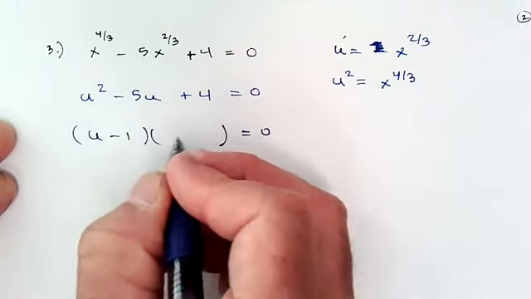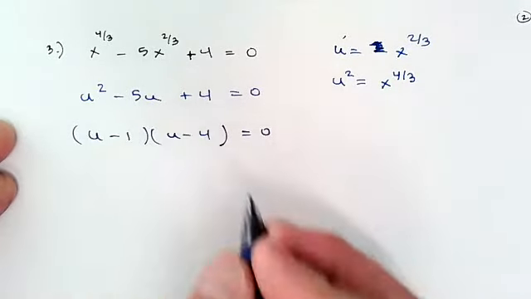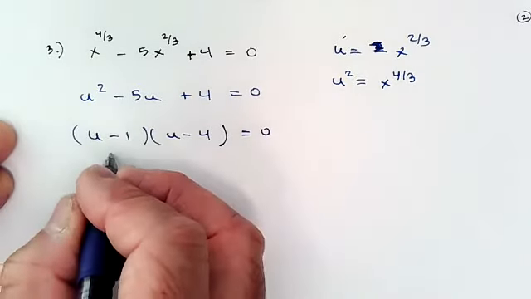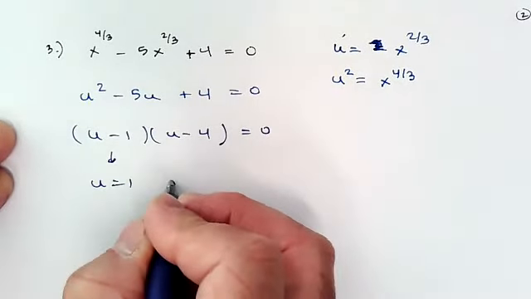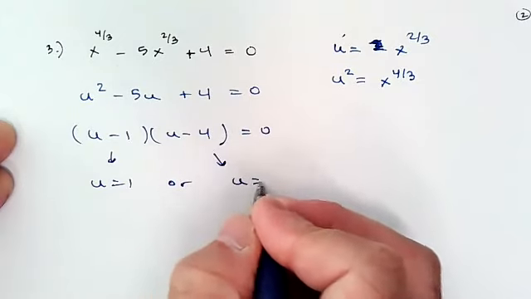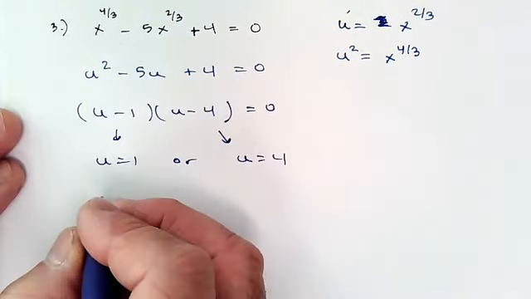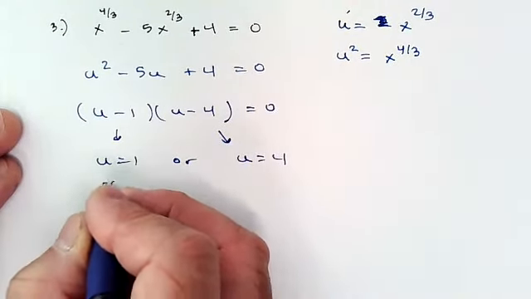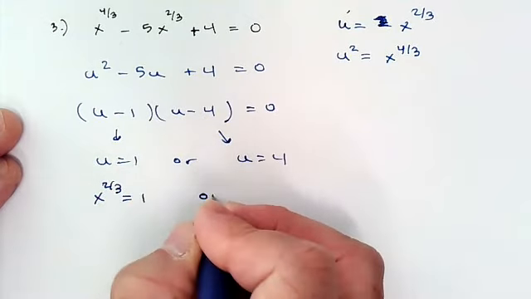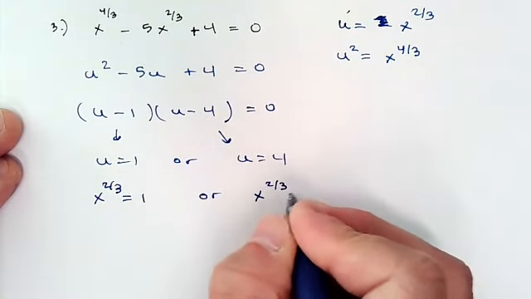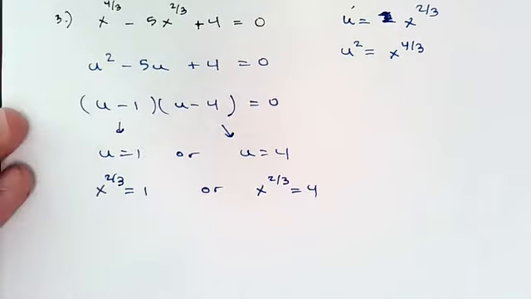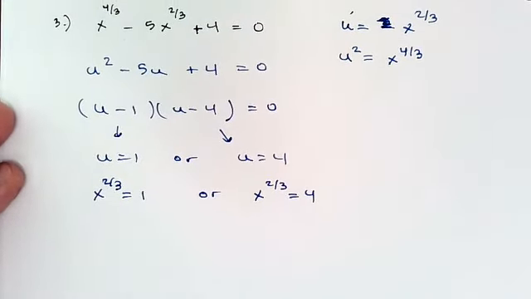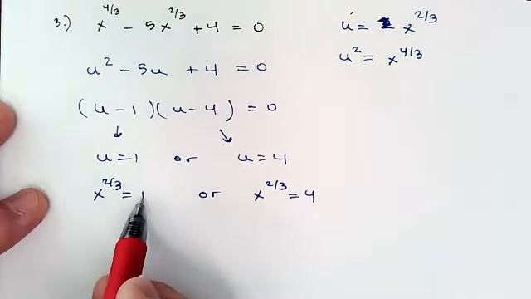It factors into u minus 1 times u minus 4. So I get either u equals 1 or u equals 4, which really means x to the 2/3 equals 1 or x to the 2/3 equals 4. How do I solve? This is maybe a review here. How do I get rid of something to the 2/3?